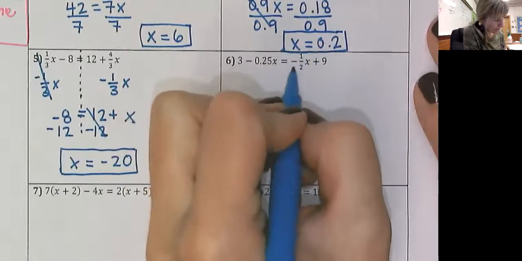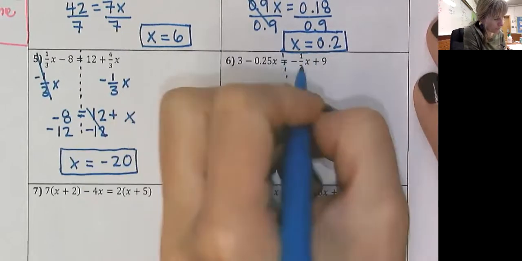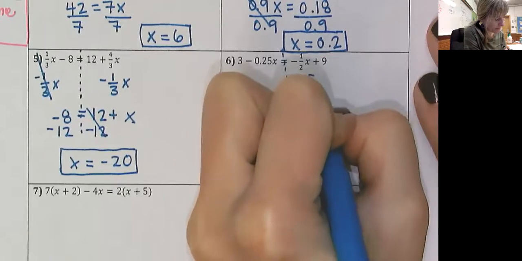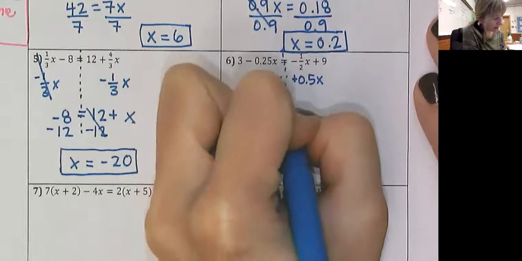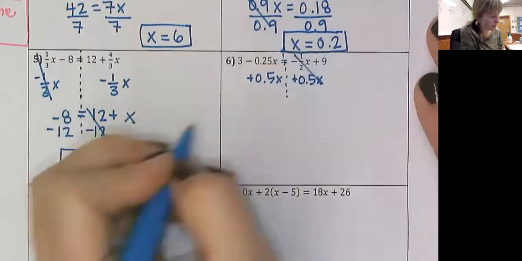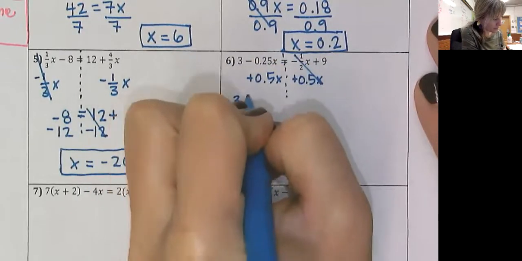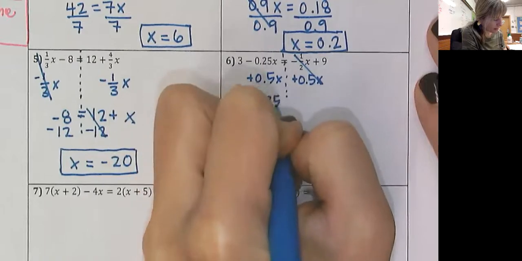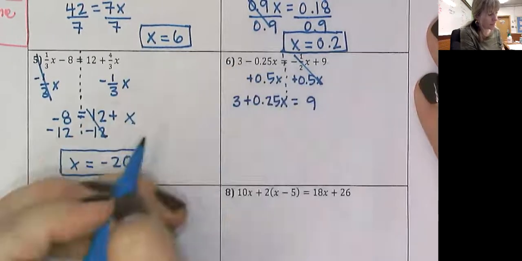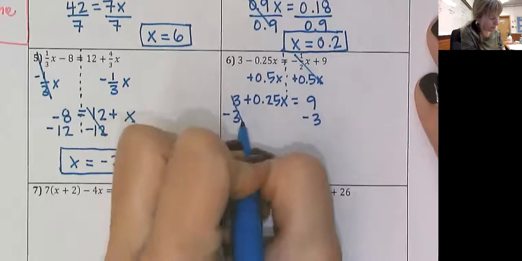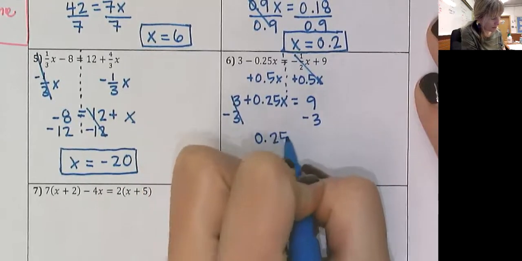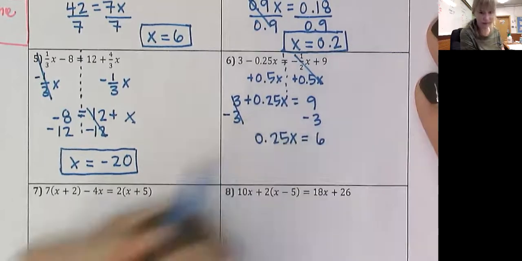Negative 1/2 is like negative 0.5. So I'm going to add 0.5x, add 0.5x. I'm zeroing out a variable. So now I have 3 plus 0.25x equals 9. Zeroed out a variable. Now I'm going to zero out a number. 0.25x equals 6.